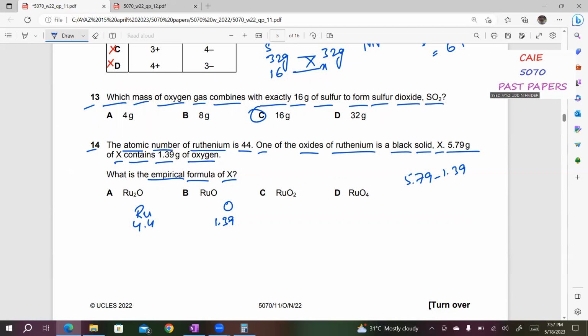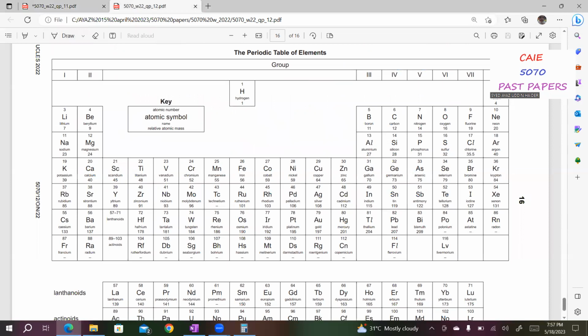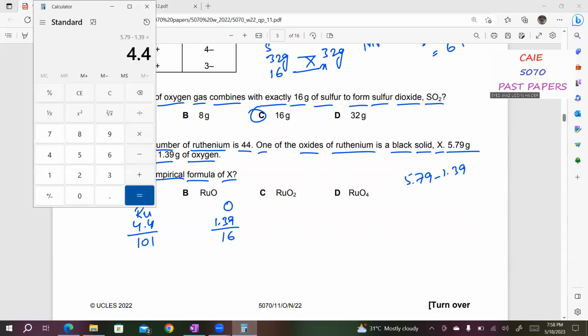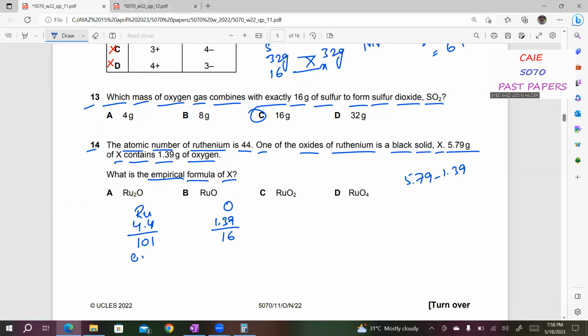Now divide this mass by the AR of ruthenium. Where is ruthenium? Here you'll find the ruthenium. The mass of ruthenium is 101. So you'll divide it by 101. What about oxygen? It's 16. So 4.4 divided by 101, you will get 0.043.